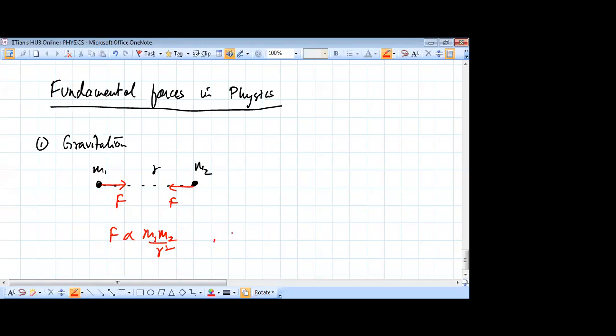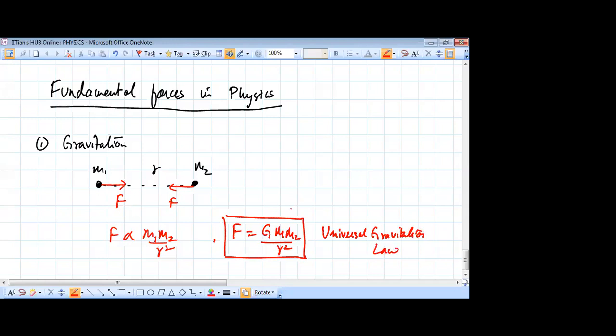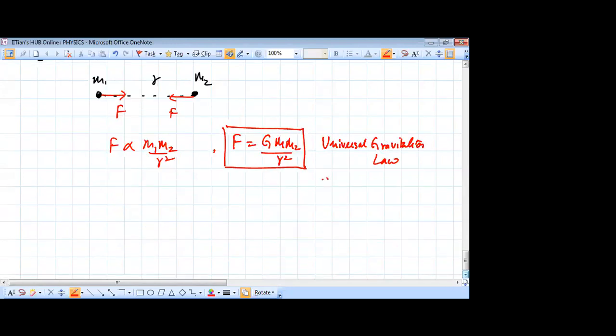And the constant of proportionality is given by the universal constant of gravitation, G. This is where capital G is the universal physical constant, with units Newton meter square per kilogram square.